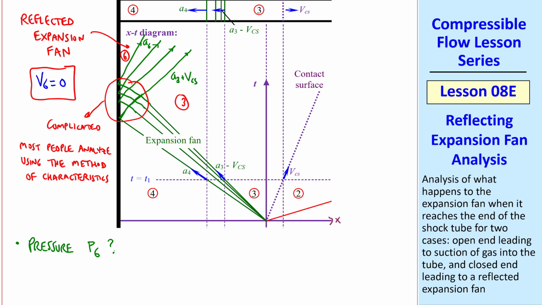Well, again, you'd have to do some analysis using the method of characteristics or use computational fluid dynamics to figure this out. It turns out that P6 is less than P4, and P6 is also less than P3, since this reflected expansion fan is now moving to the right, which means the pressure drops from 3 to 6, just as it dropped previously from 4 to 3.